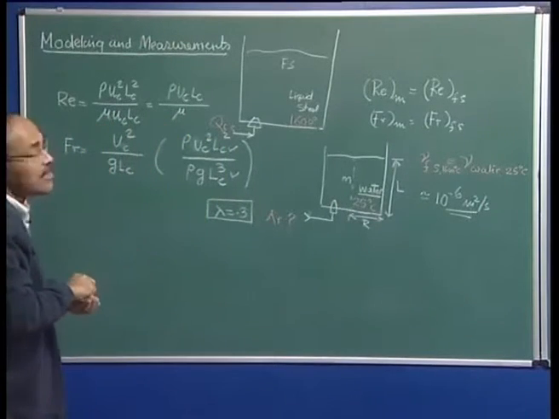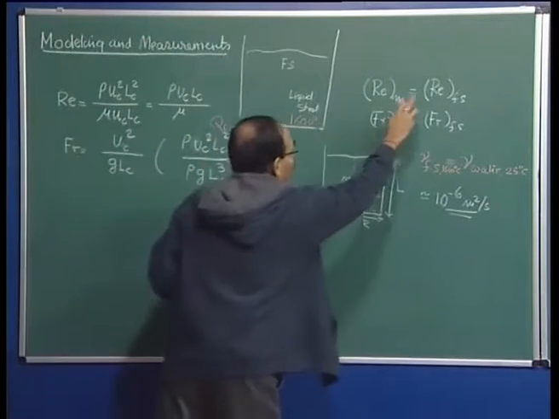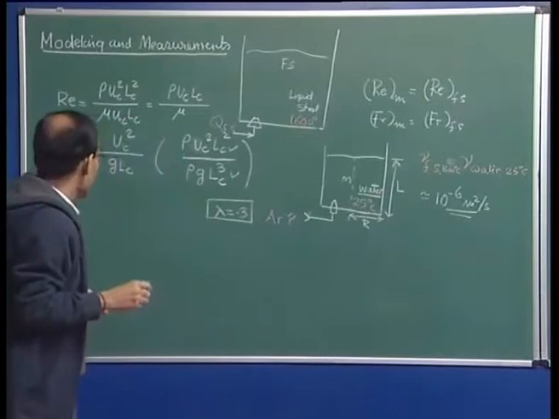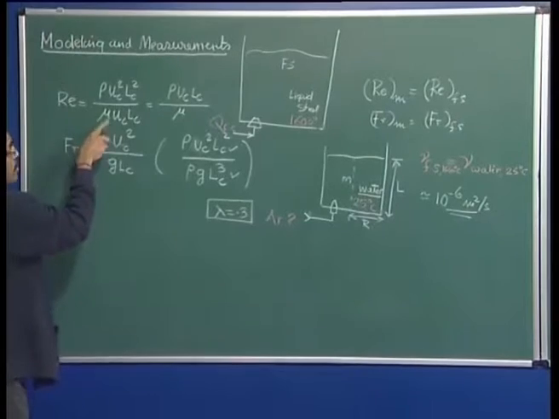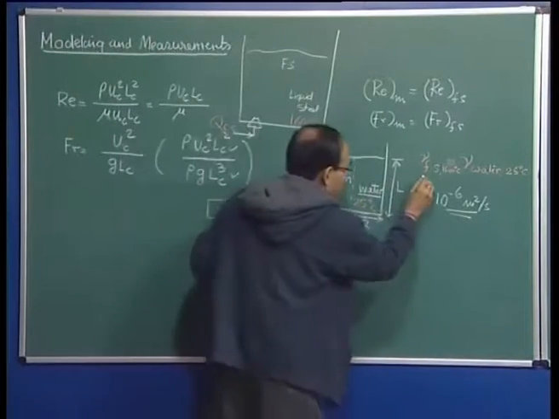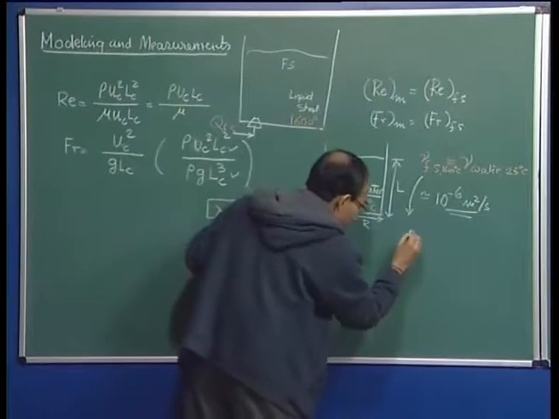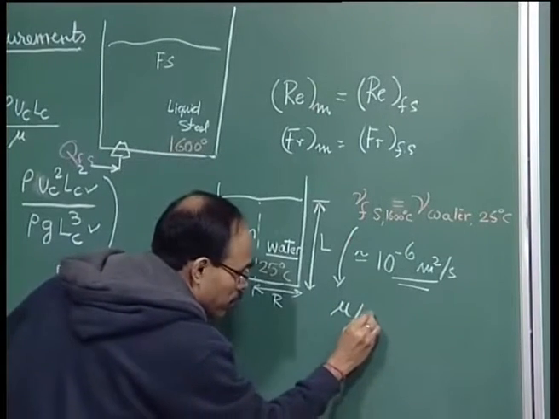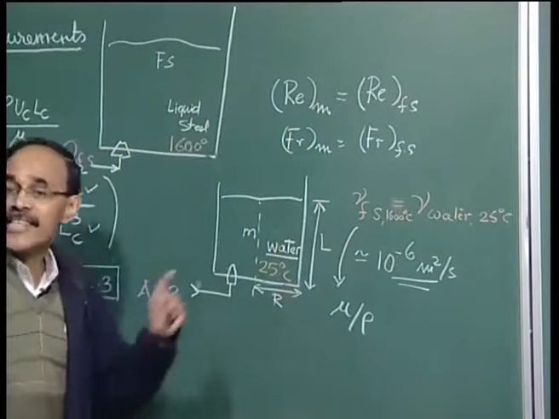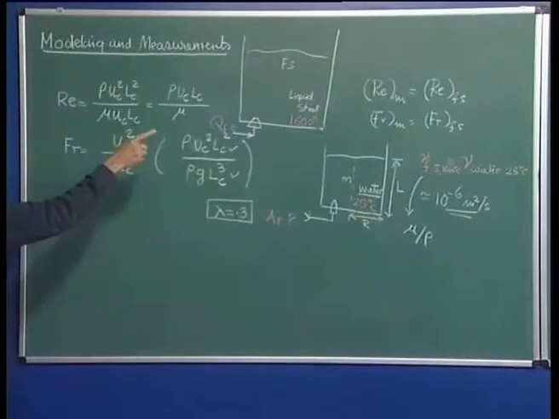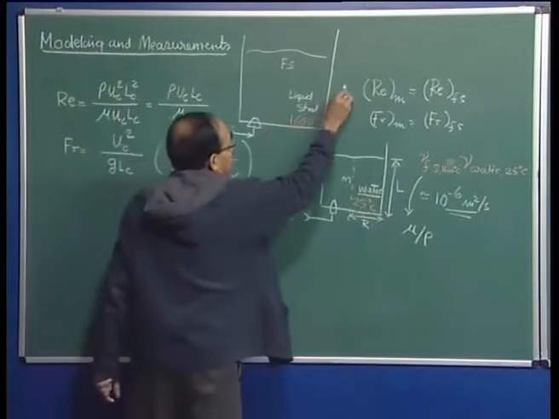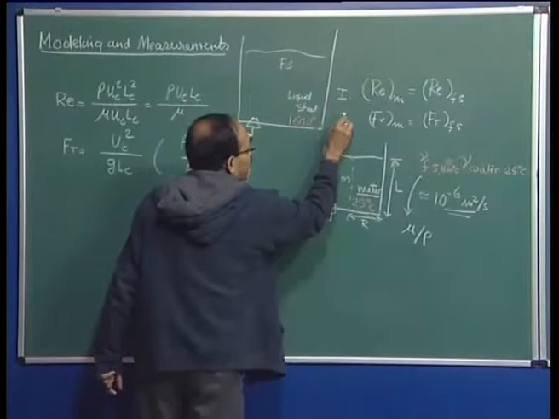So, let us try to make the Reynolds number in the model equal to the Reynolds number in the full scale. As you see, what is kinematic viscosity? The kinematic viscosity is actually dynamic viscosity divided by density. That is the definition of kinematic viscosity. So, I can say that for the Reynolds model, criteria 1 and criteria 2.